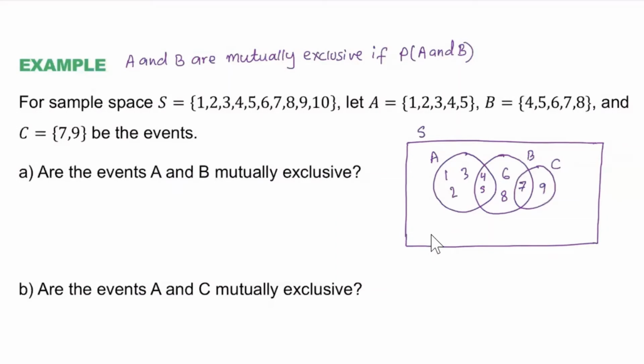Now let's find out what is missing. We have all elements from 1 through 10. I have 1, 2, 3, 4, 5, 6, 7, 8, 9. 10 is missing, so 10 should be outside of this. So this is how you can represent using a Venn diagram.